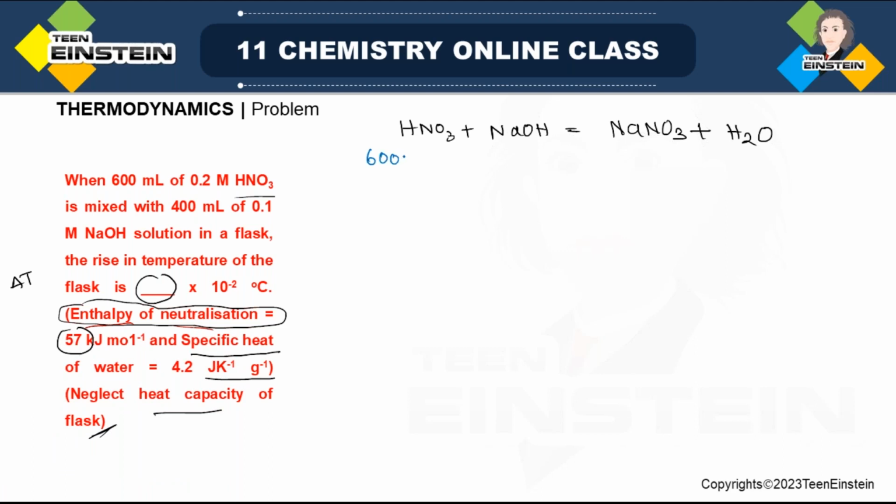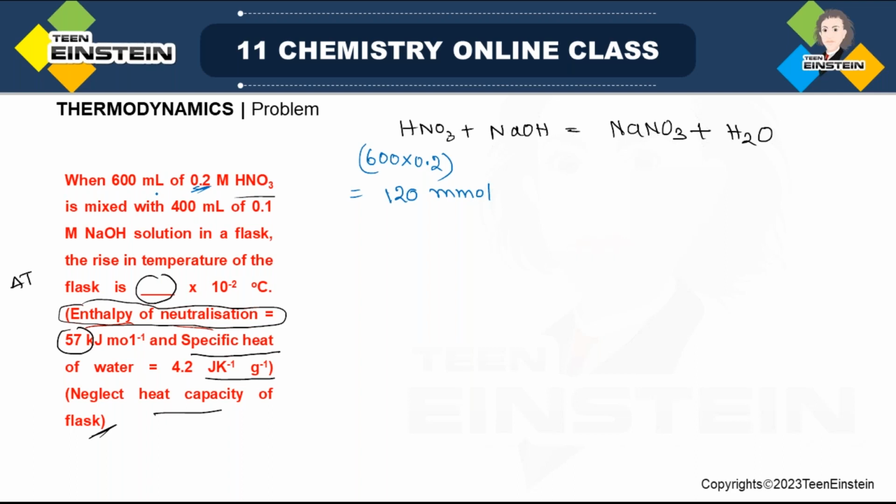600 ml, molarity 0.2. Now, when the volume is given in ml and concentration is given in molarity, if you directly multiply these two, as I am doing here, you will get the amount in terms of millimoles. So it will be 120 millimole. Why is it so? Molarity means the number of moles present in 1000 ml.